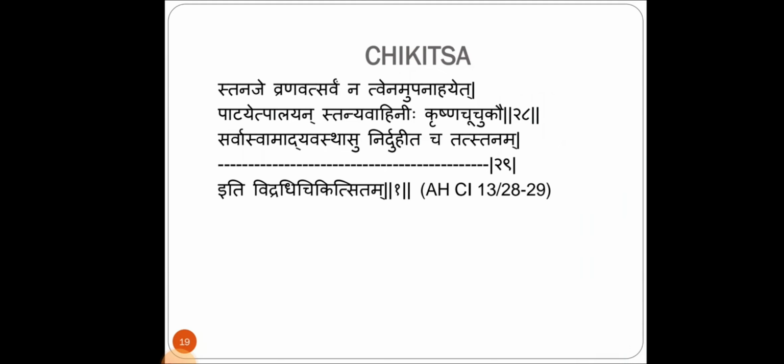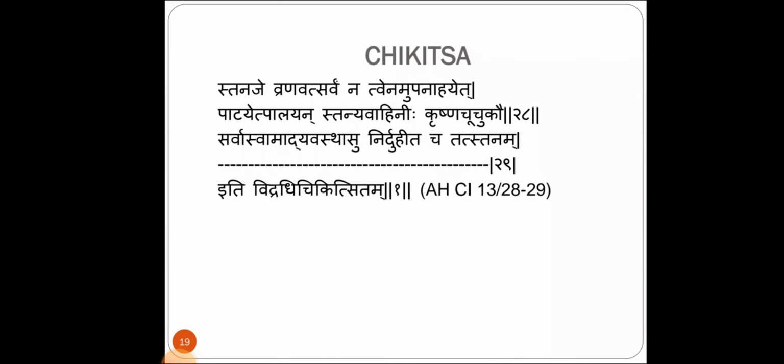adopted here. Patana should be done, and it is told Patayet, Palayan Stanyavahini, Krishna, Stanya vaha srotas and the Krishna Chuchuka, that is, avoiding or protecting that region. So protecting the Stanyavahini and the Krishna Chuchuka, the Patana has to be done.